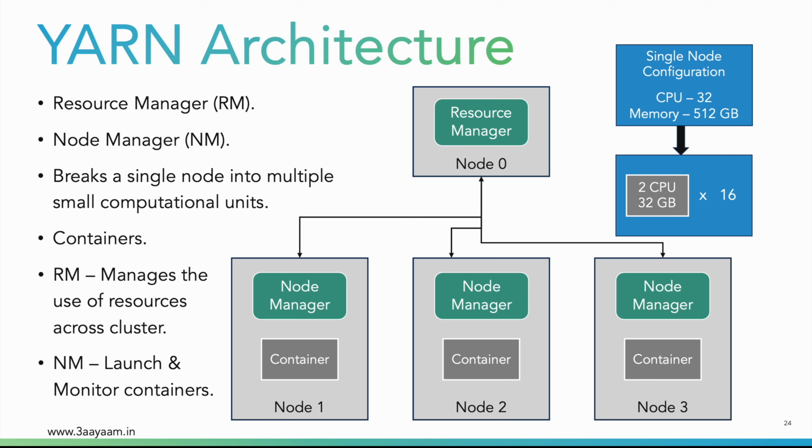Resource manager would manage the use of resources, meaning how many containers should be given to a single application, and node manager will launch these containers and monitor whether the containers are running, whether the execution is done, whether the container has failed, and so forth. So that is the purpose of Yarn, and of individual Yarn components like resource manager and node manager. So this is the Yarn architecture at a very high level.